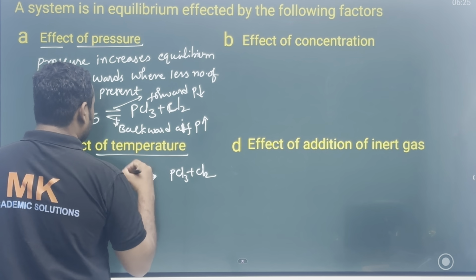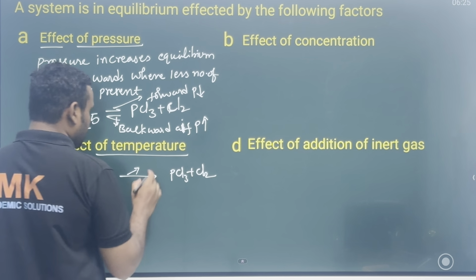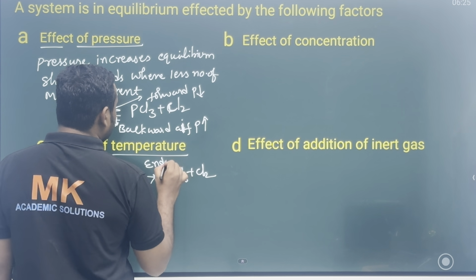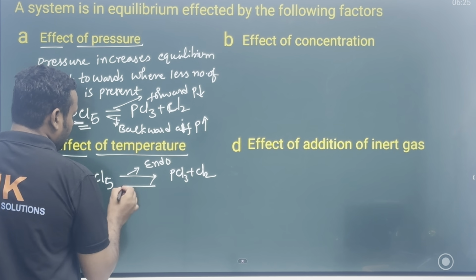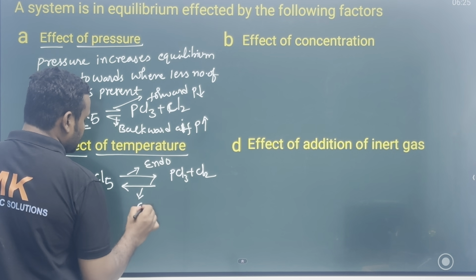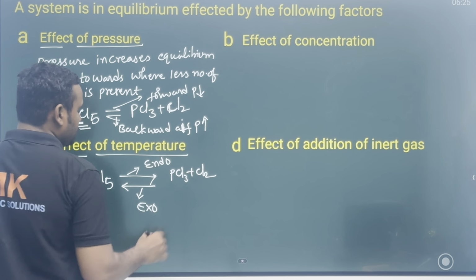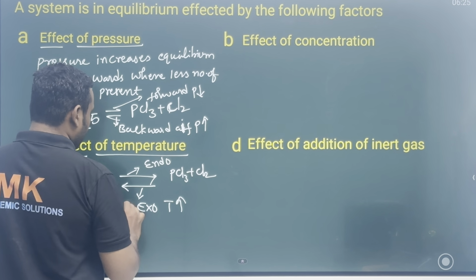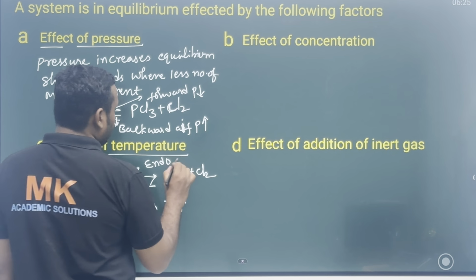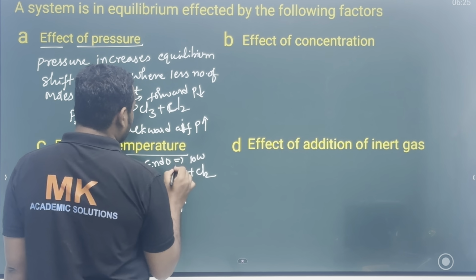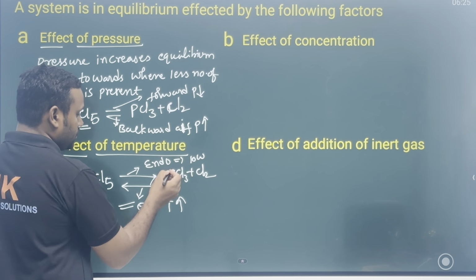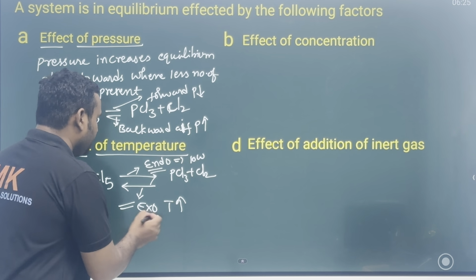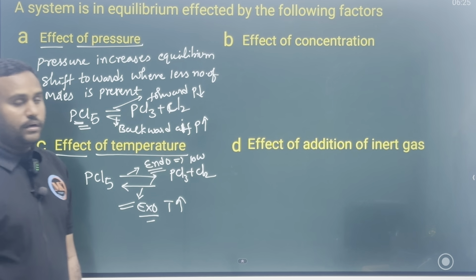Here the forward reaction is endothermic, and the backward reaction is exothermic. At high temperature, the exothermic reaction takes place. At low temperature, the forward reaction takes place. So at low temperature the forward reaction, and at high temperature the backward reaction takes place.